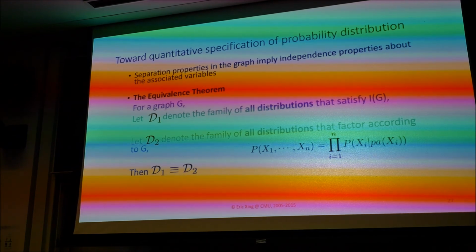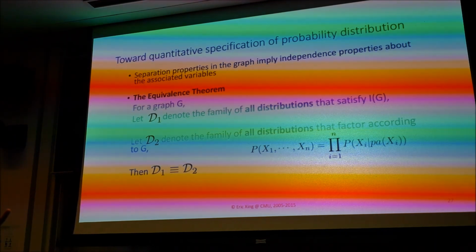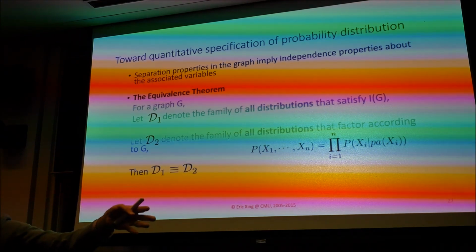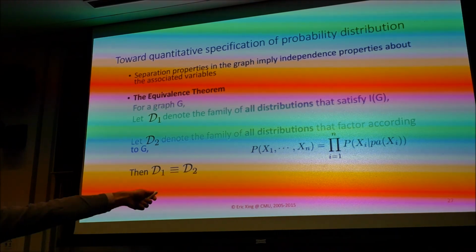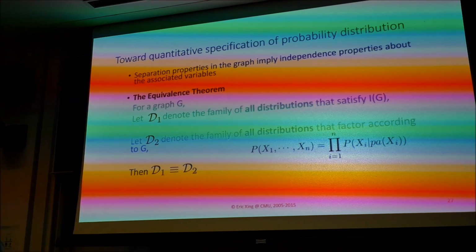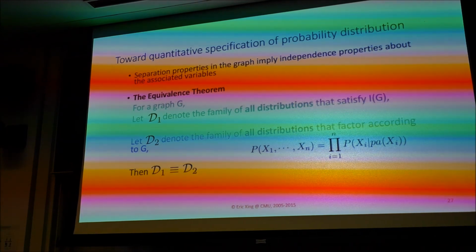The second statement is that I have a graph, and I write the factorization based on the graph. Are the two statements clear? I've given a graph, and I somehow come up with a way to write all of this. It's a very tedious way, but I wrote the I-map of the graph. That's statement one. And statement two is that I've given a graph, and I wrote down the factorization, which was very simple. These two are equivalent.